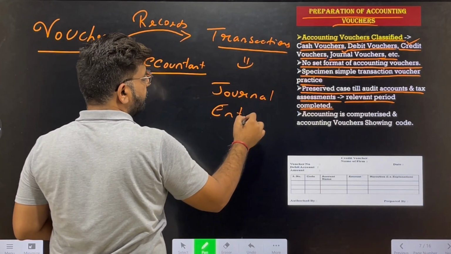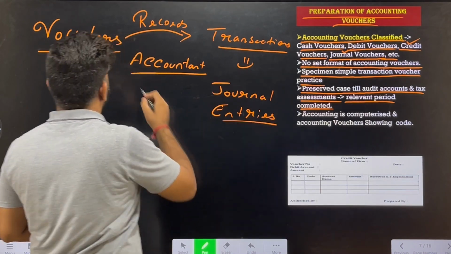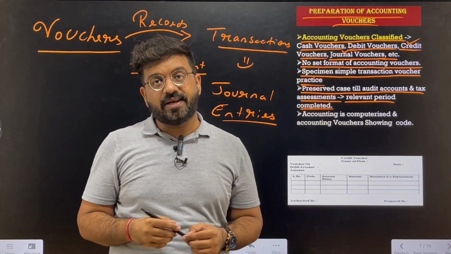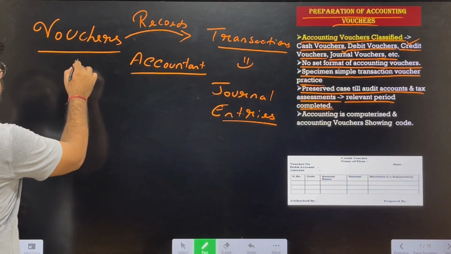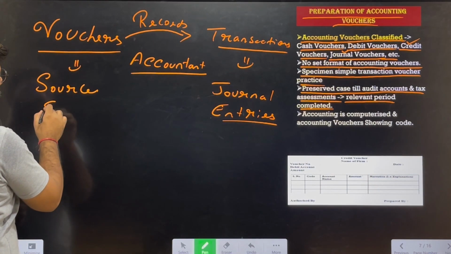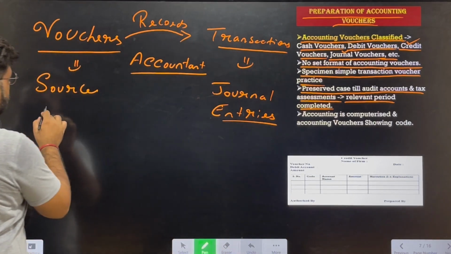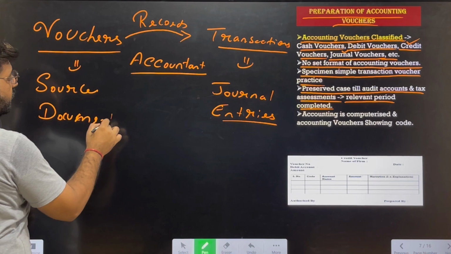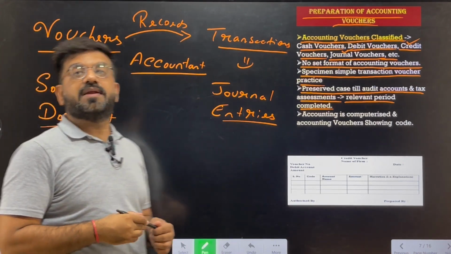After looking at all the vouchers, only then is he able to record the transactions. So basically, vouchers are the source document. Why are these a source document? Because with this only the journal entries are made.